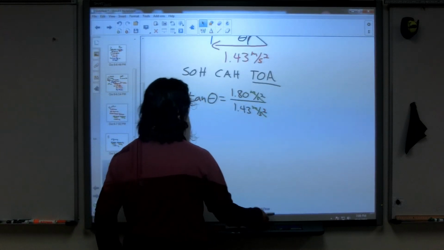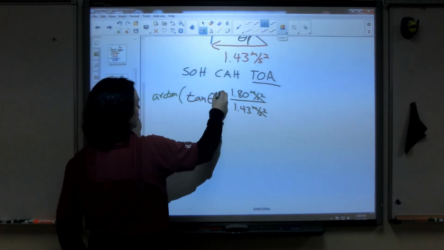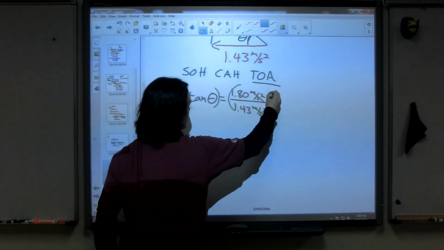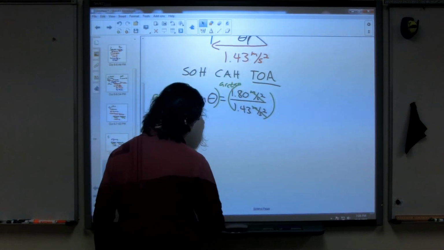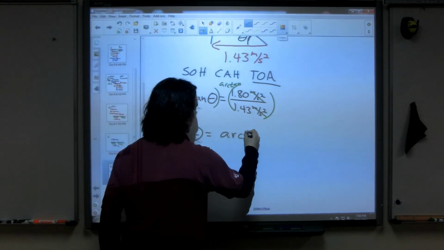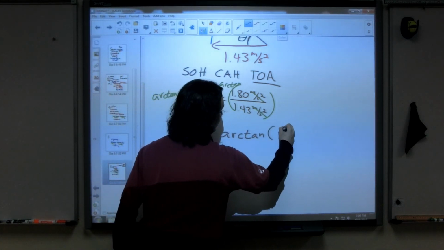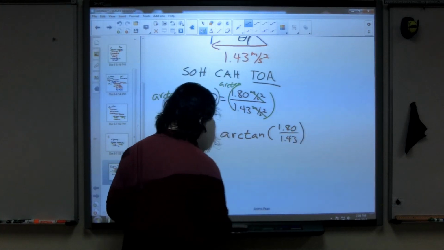I want to find theta though, so I need to get rid of that tangent. I'm going to take the arctan, the inverse tangent, of both sides. That will leave me with theta equals the inverse tangent of 1.80 divided by 1.43.